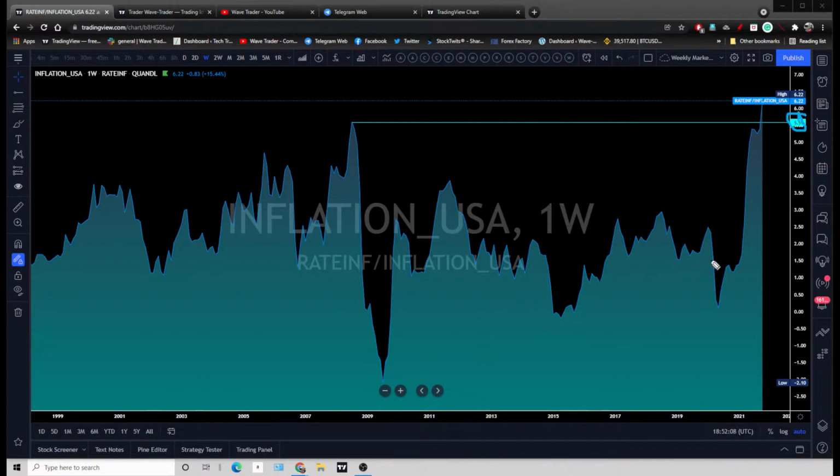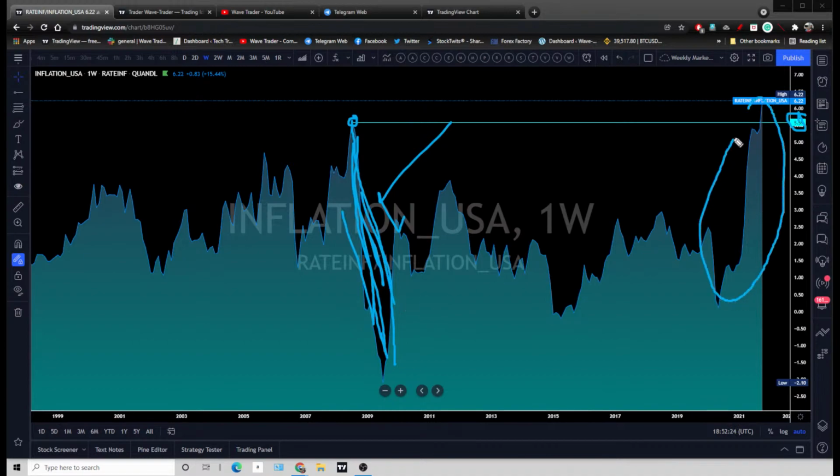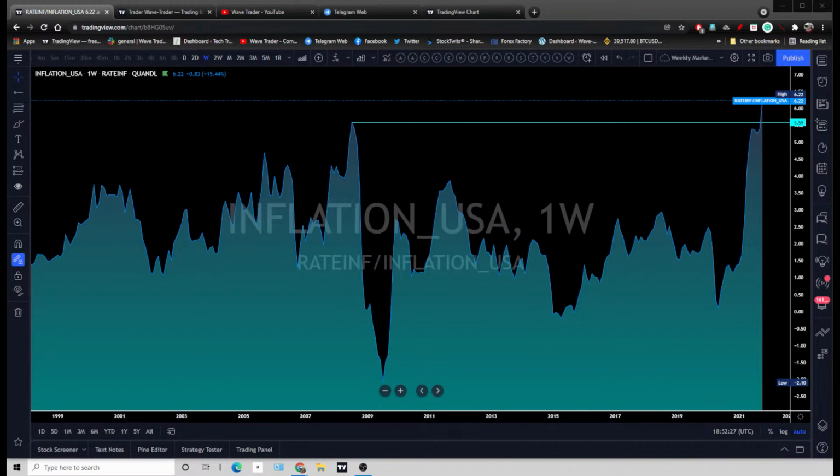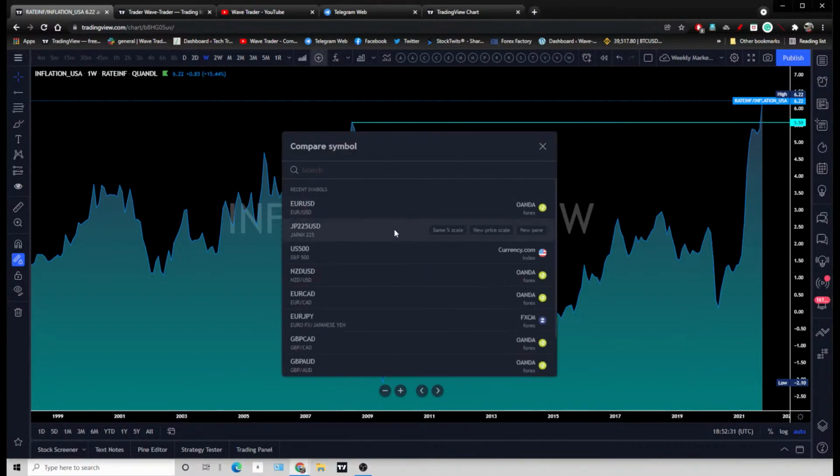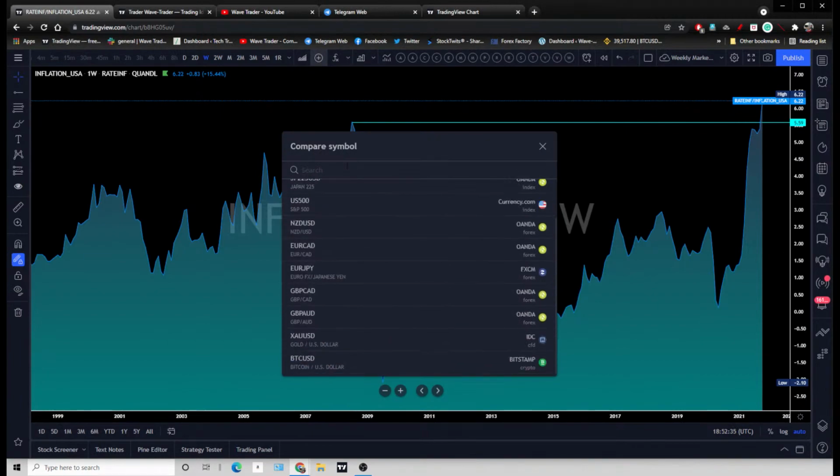It was 5.60 in 2008, and we saw a tremendous crash. The 2008 crash, hopefully you all remember that. A huge crash and recession. So inflation has gone higher than that. If I pull out the S&P 500 chart, let me pull it out, guys.